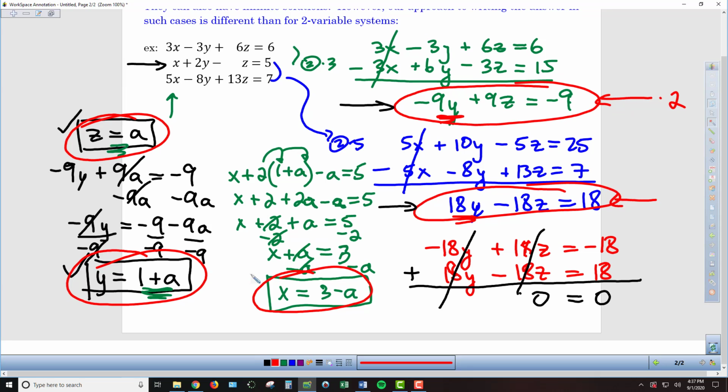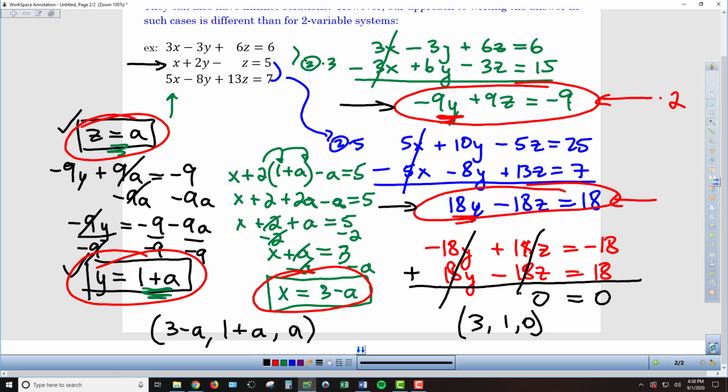So my final answer, the way we'll write it, is as an ordered triple using these three expressions. So I've got 3 minus a is x, 1 plus a is y, and then just regular old a is z. And so then I can plug in any number I want for a. So I could plug in 0, so that would mean that 3, 1, 0 would work in all three equations.